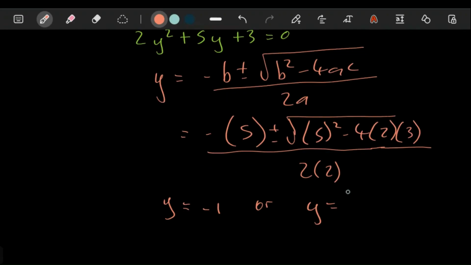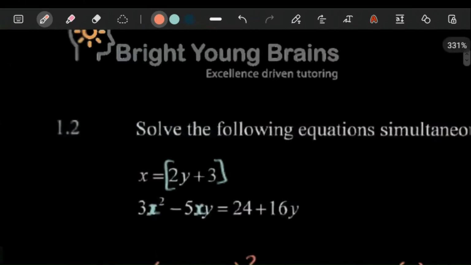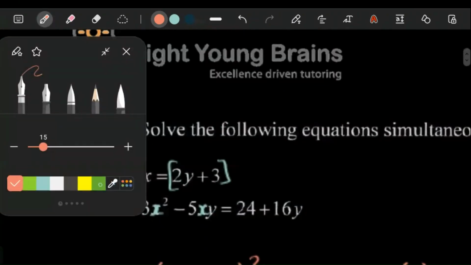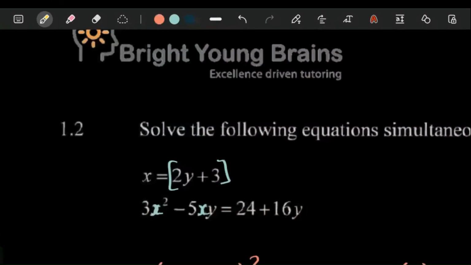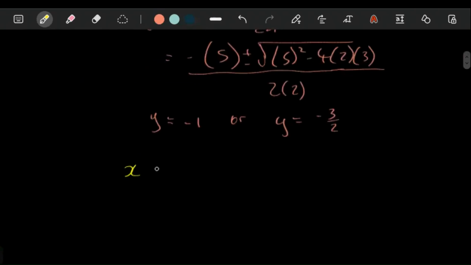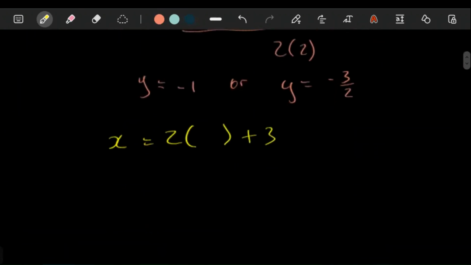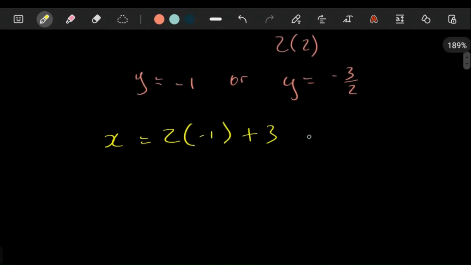So obviously, you're going to choose the simpler looking original expression, and then you're going to throw in your values for y to get x. So 2y plus 3, right? Here it just said x is equal to 2y plus 3. So wherever y is, you're going to drop in these numbers. You're going to start with -1.